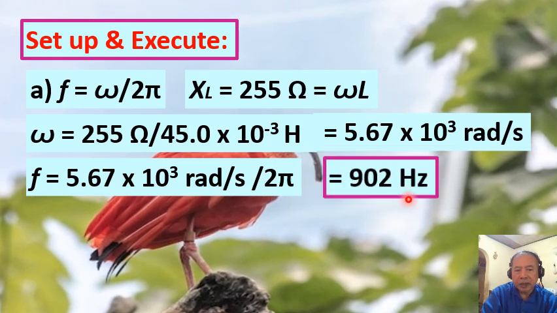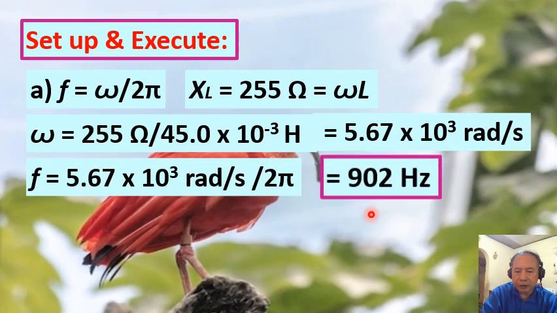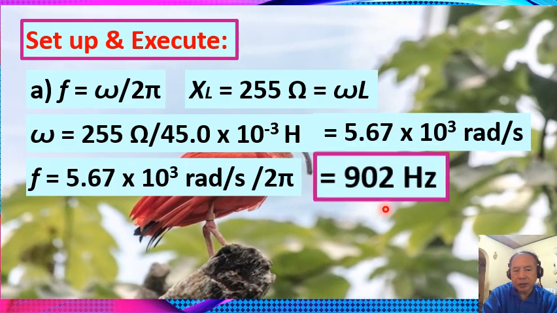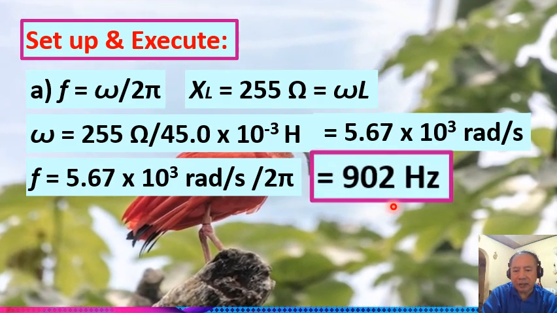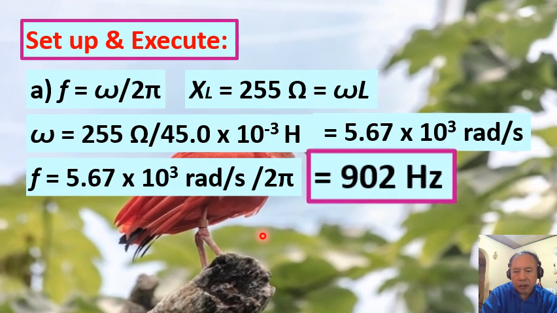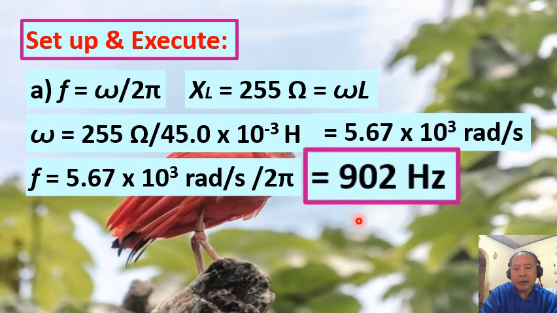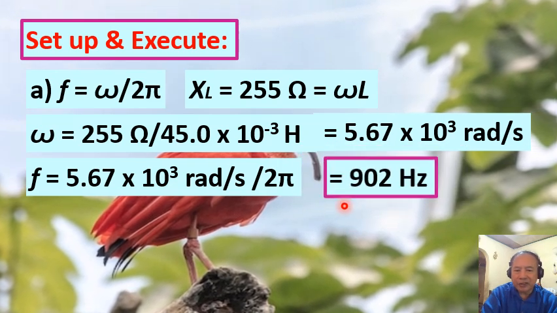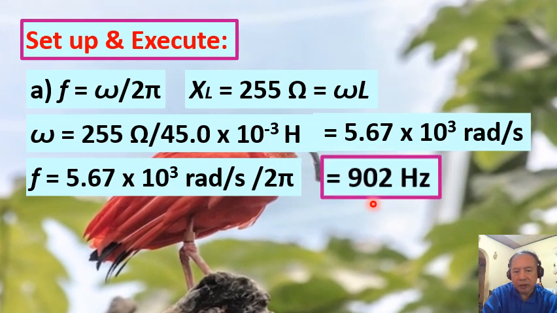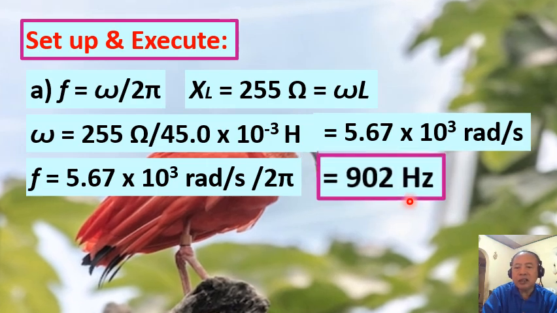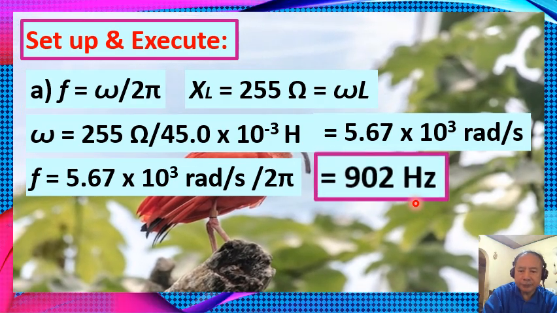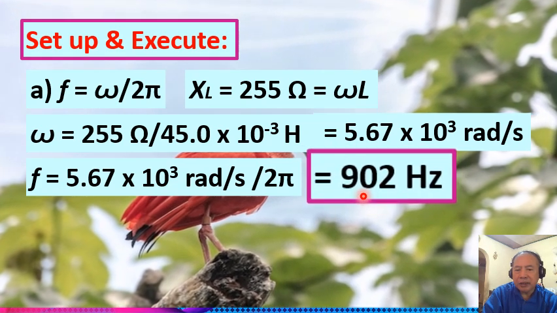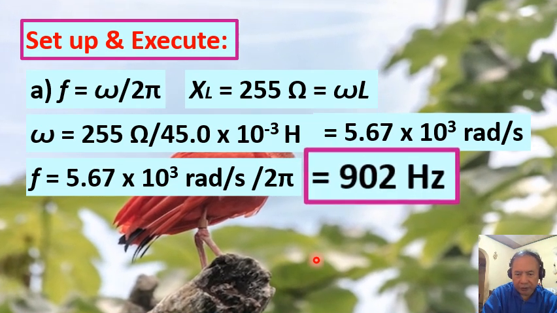So this is the value of the frequency of the source, which of course implies that in an alternating circuit, we can imagine that the current and the voltage are in fact oscillating sinusoidally at a frequency of 902 hertz.